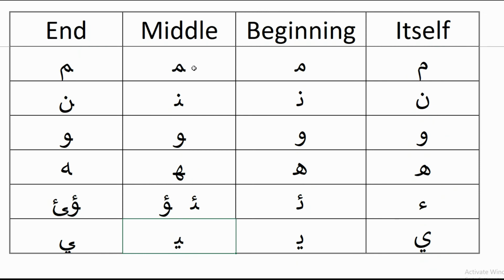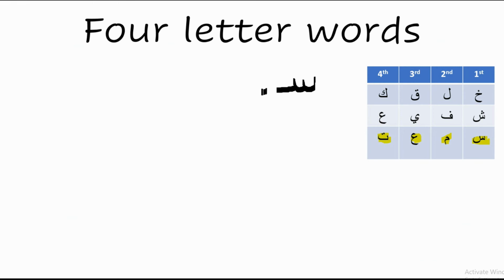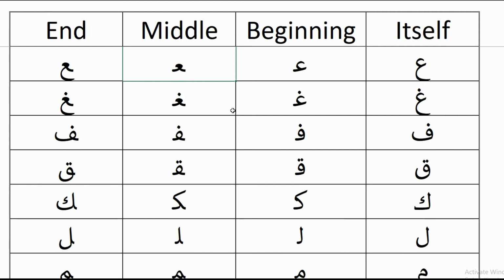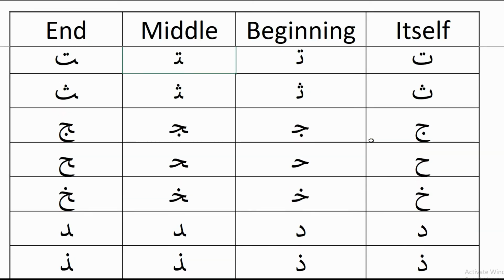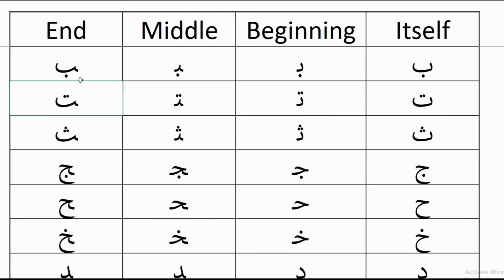So this is how mim looks in the middle. Then is ain. Ain has to be copied from the middle column as well, because it's not at the end and it's not at the beginning, so it's in the middle. This is how ain looks. Let's copy it in the middle. Then the last letter is ta. Ta is at the end. Let's copy the end shape of ta. This is the end shape of ta, this one. Let's copy it.